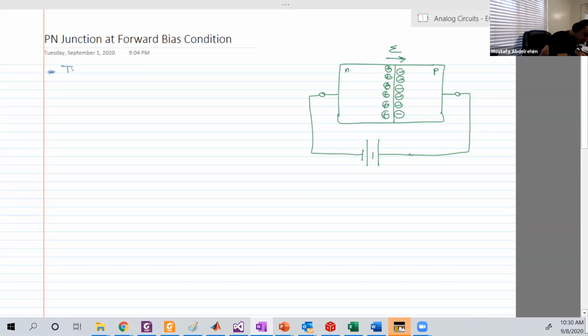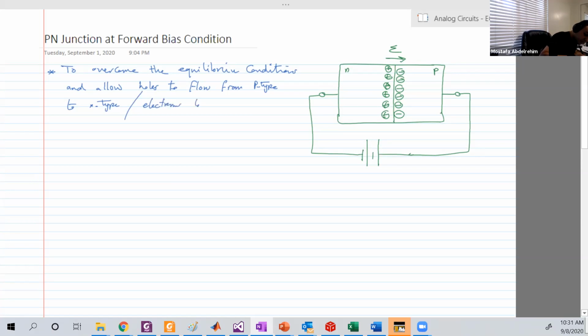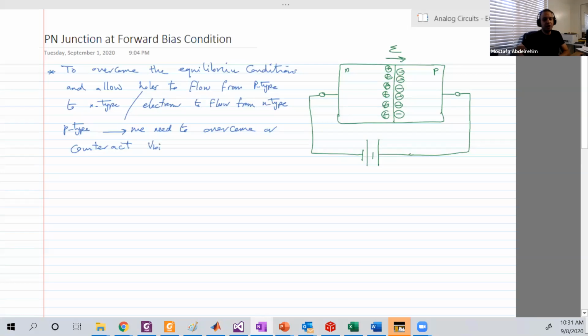So let's write this down. To overcome the equilibrium conditions and allow holes to flow from P type to N type and electrons to flow from N type to P type, we need to overcome or counteract VBI or V naught.